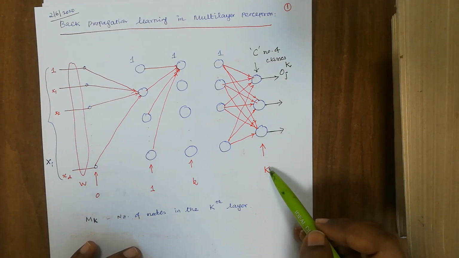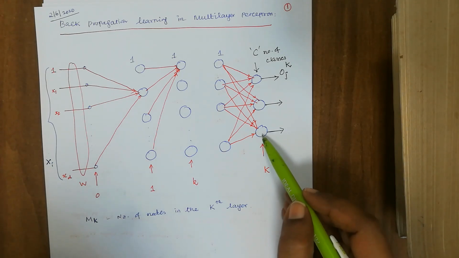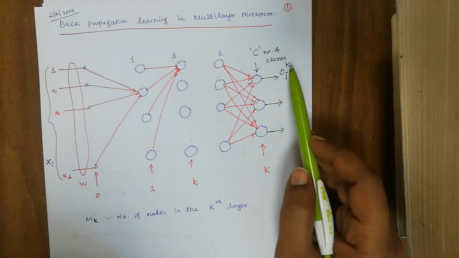Since K is the total number of layers, that is the last layer, which is also known as the output layer. So the output layer can be represented as K.